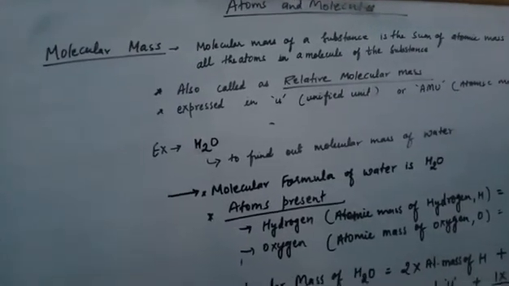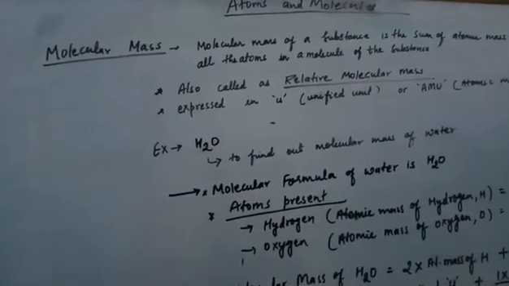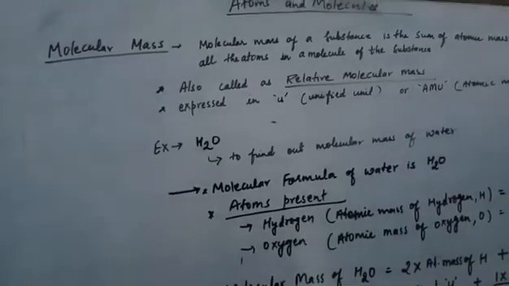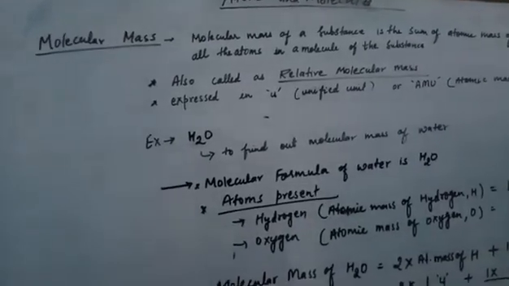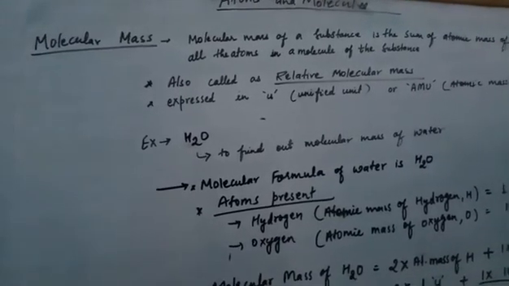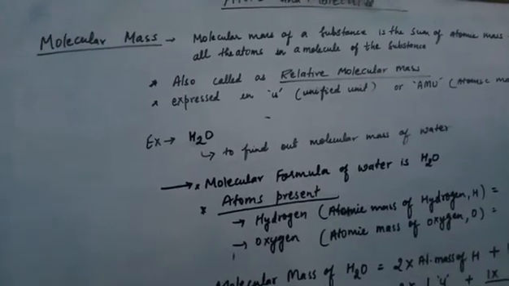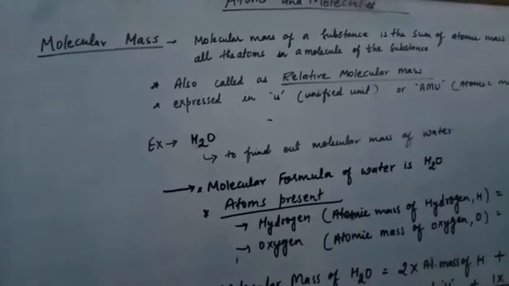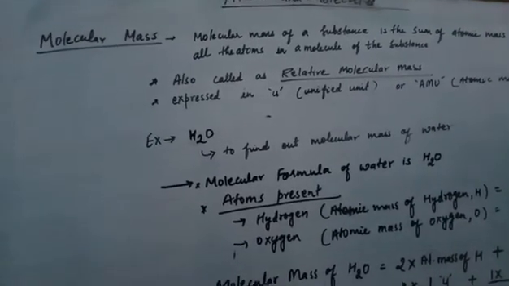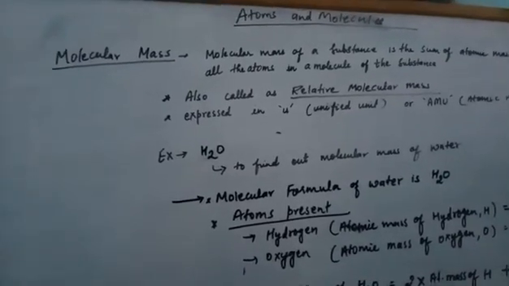So students, if it is simply asked in the question to find out the formula of a compound, then you will always calculate the molecular formula and you will not go for the empirical formula method. When the question specifically asks to find out the empirical formula of a compound, only then will you use the empirical formula method to find out the formula of a compound.